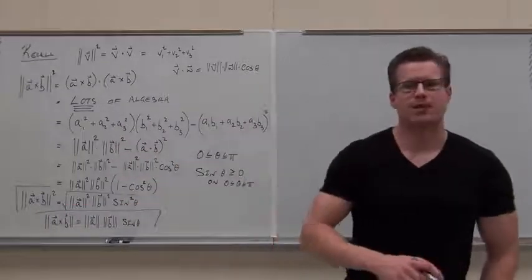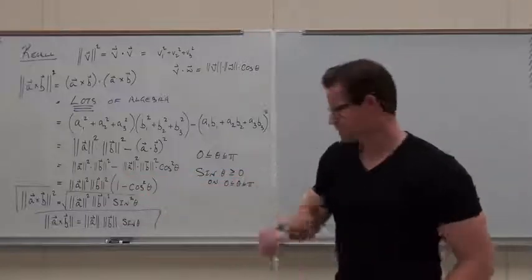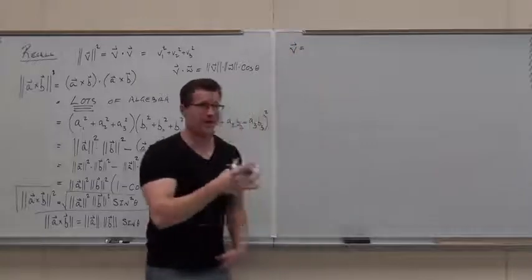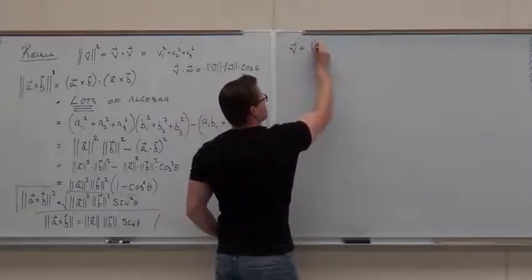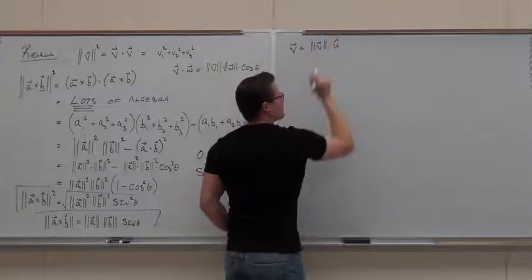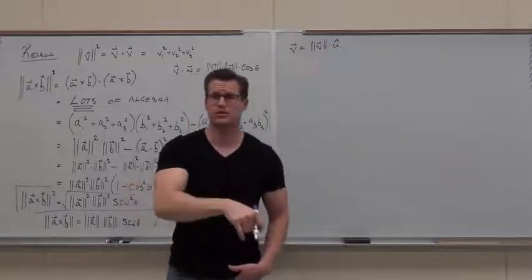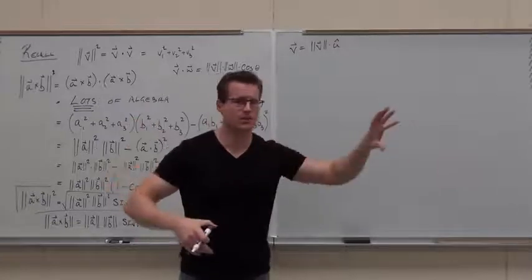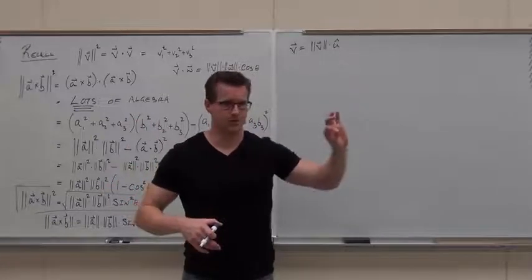Now here's the deal. What we know is that any vector in the world can be written like this: the magnitude of the vector times the direction of the vector. Vectors are magnitude times direction. So it can be written as magnitude of v times a unit vector in the direction of v. Are you with me?